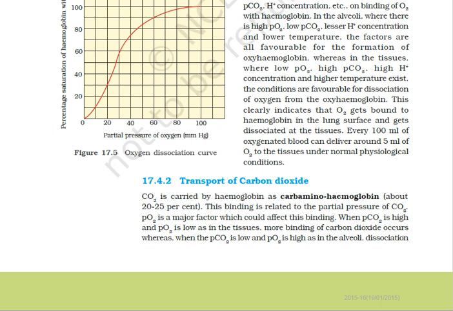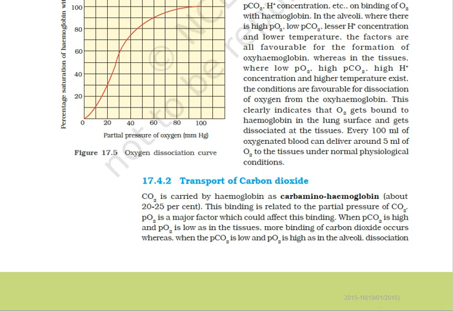In the plasma, CO2 is transported in the dissolved form, about 5 to 7%, and the remaining CO2 enters the erythrocytes.